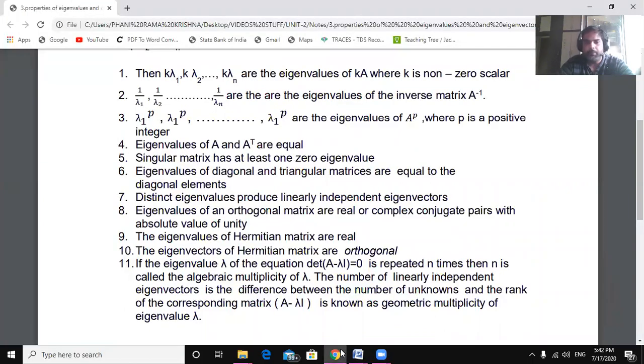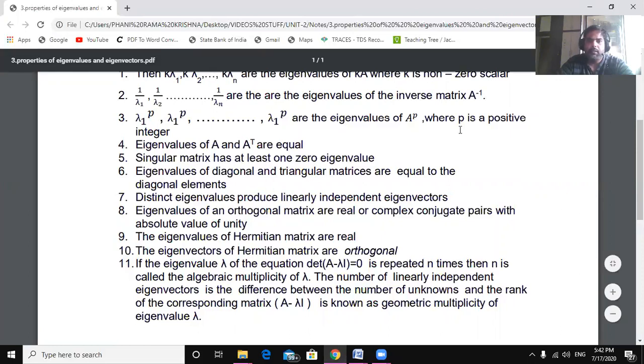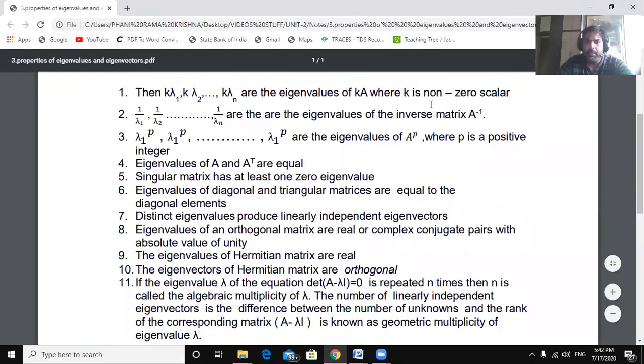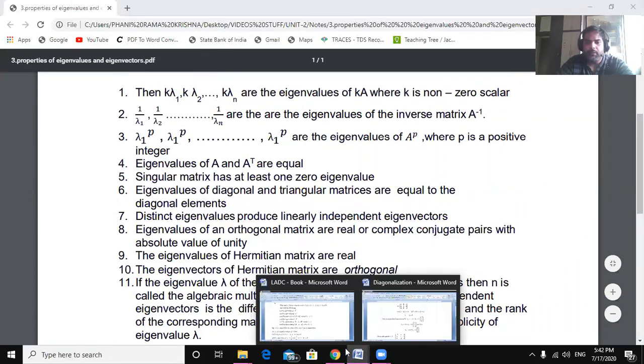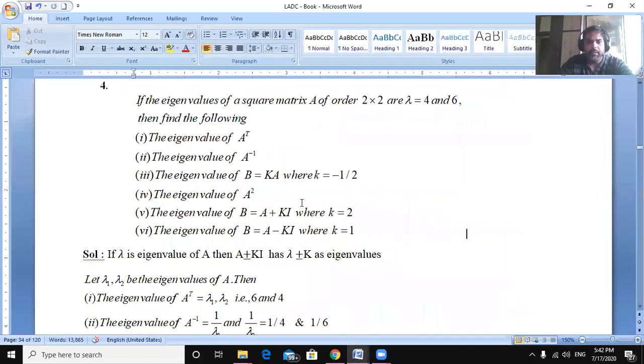Property number 1: if KA is the matrix, then the eigenvalues are K lambda 1, K lambda 2 and so on. So minus 1 by 2 into 4 is minus 2, and minus 3 are the eigenvalues of this new matrix KA, that is B.